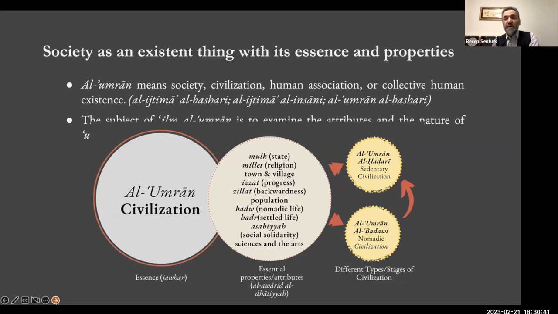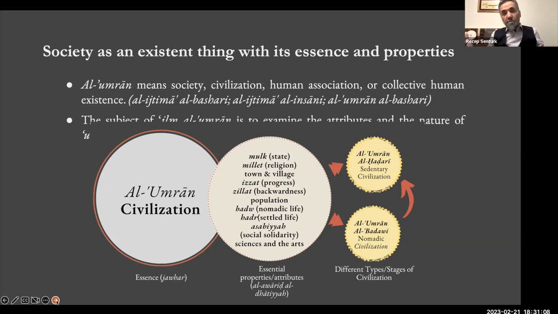No society is outside of civilization. Even those nomads who live in deserts or mountains, they have a civilization. Why? Because they have social order. Because according to Ibn Khaldun, the criterion whether a group has civilization or not depends on whether they have a social order or not.